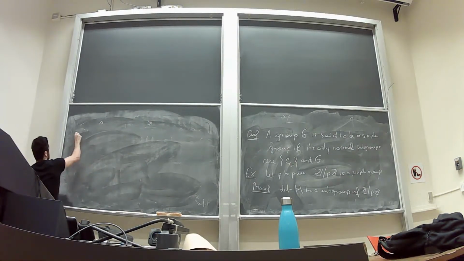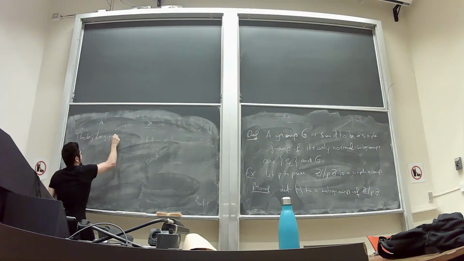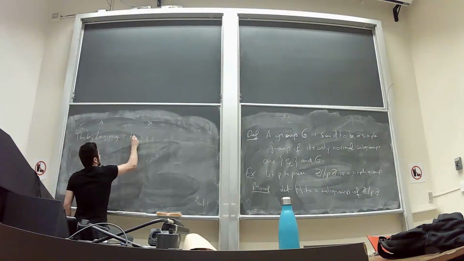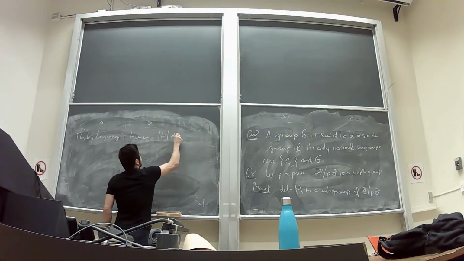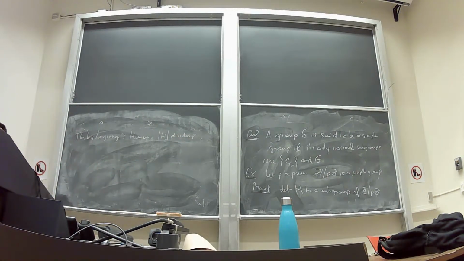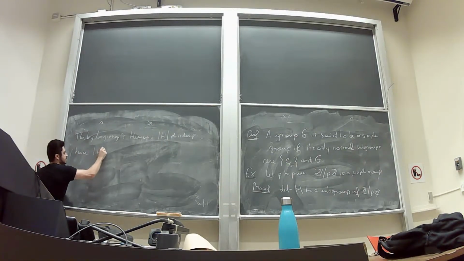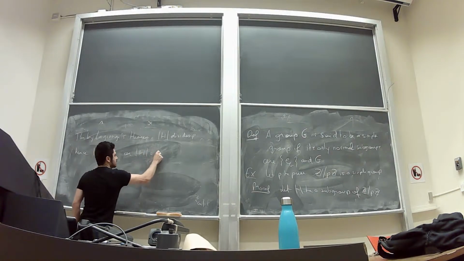And by Lagrange's theorem, the size of H divides p, right? Hence, the size of H is equal to 1, or the size of H is equal to p.